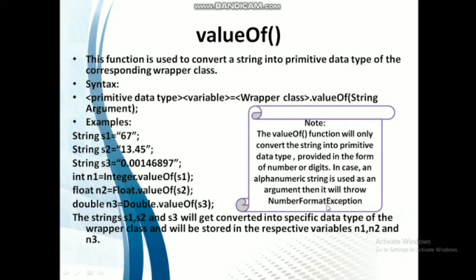So if, instead of numbers or digits, it contains alphanumeric values, then it cannot be converted to integer, float, double or any kind of primitive data type. So then the computer will throw an exception that is called NumberFormatException.